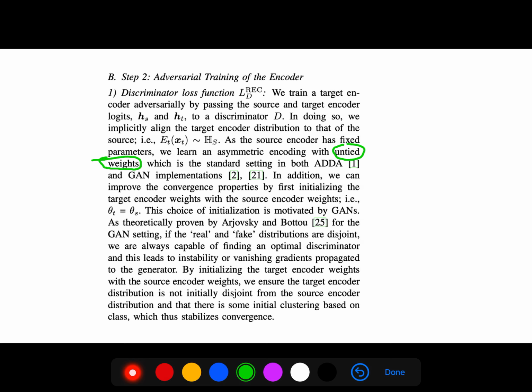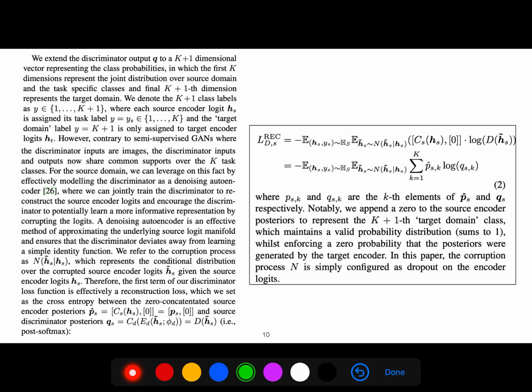By initializing the target encoder weights with the source encoder weights, we ensure the target encoder distribution is not initially disjoint from the source encoder distribution, and there is some initial clustering based on class, which thus stabilizes convergence.